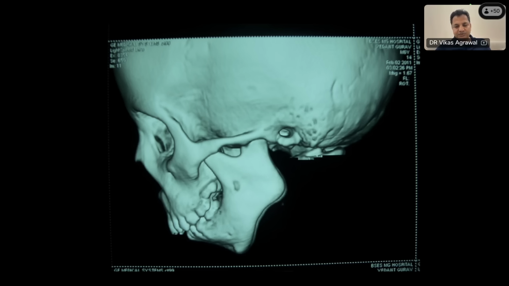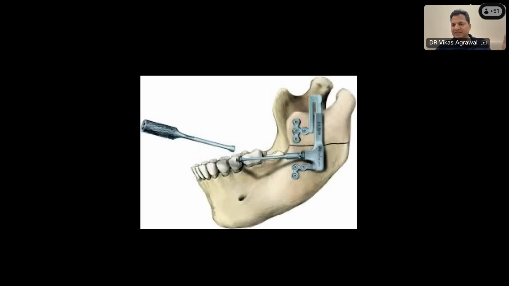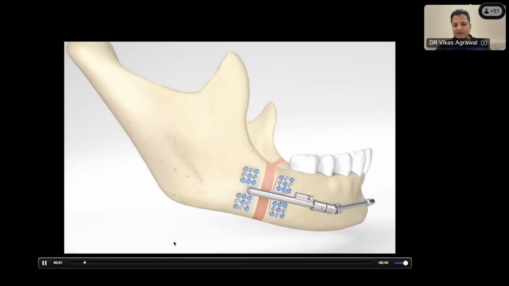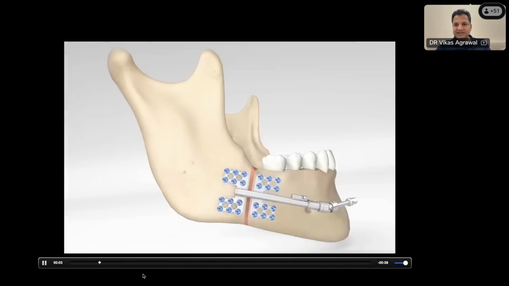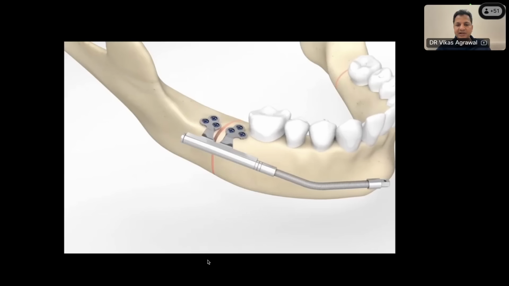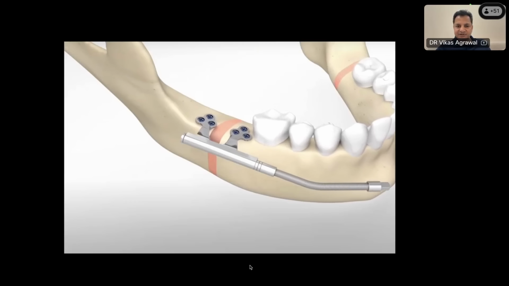In childhood, around 20 years back, we used to do the distraction osteogenesis. This is a very old technique. I can show you various advancements which have happened. You can do the distraction in all directions, and you can advance the mandible in various ways and different forms.